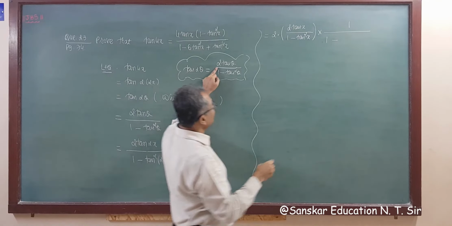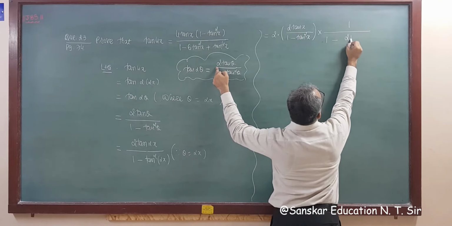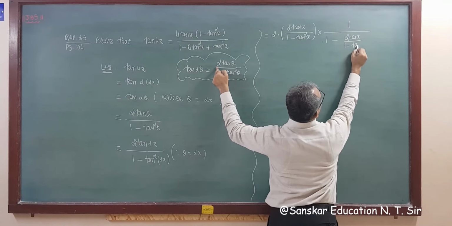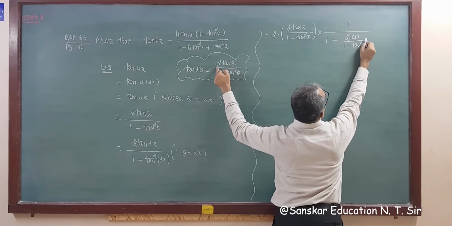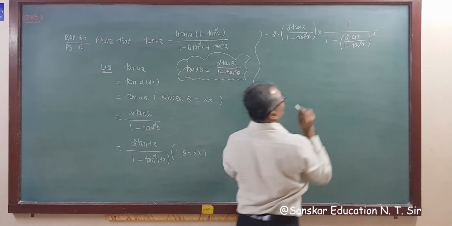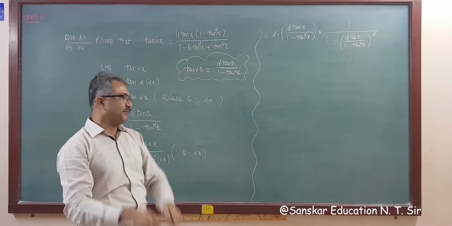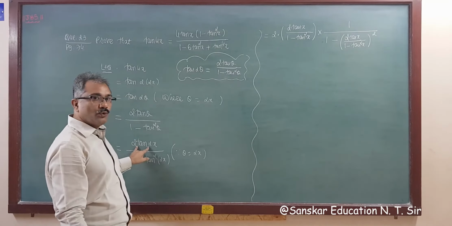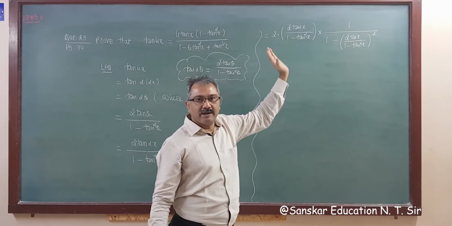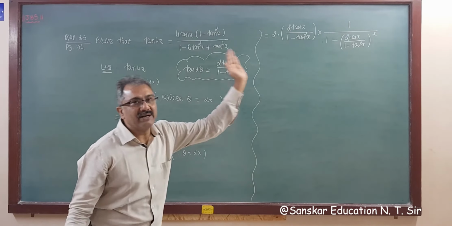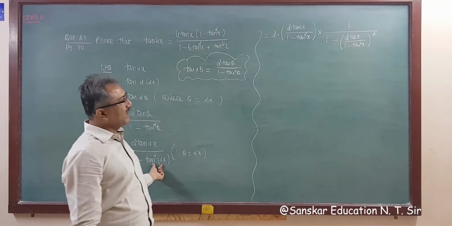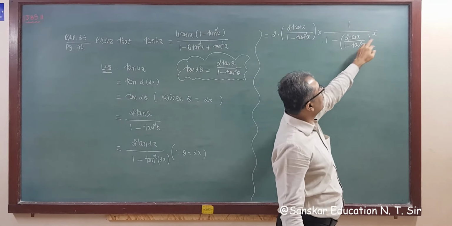So tan twice x is this, so this is 2 tan x upon 1 minus tan square x, whole square. Okay, got it? Once again, 2 as it is, formula of tan x. The denominator I am writing separately, multiplied by 1 minus tan 2x, and the tan 2x formula is this, whole square.